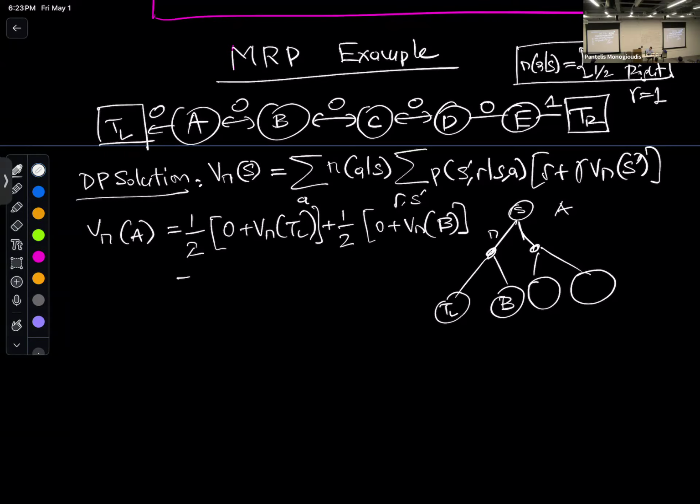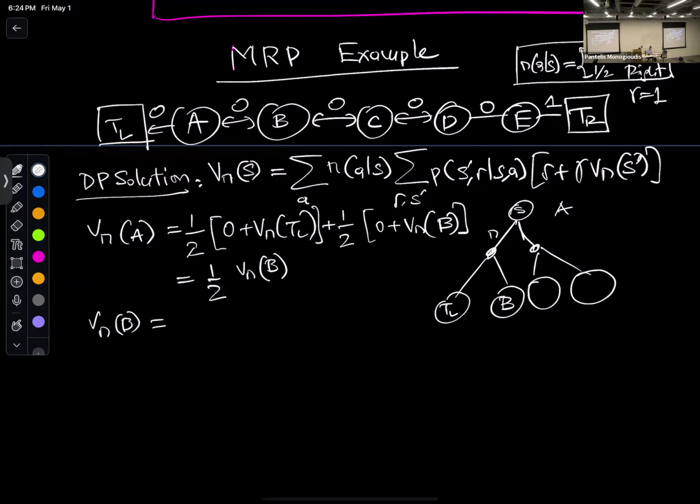Which is equal to 1/2 V pi of B, because V pi of TL is 0. Without dragging it for too long, you can definitely calculate V pi of B in the same way.